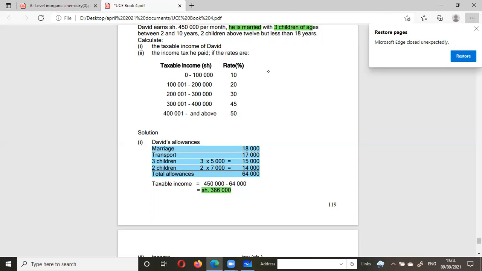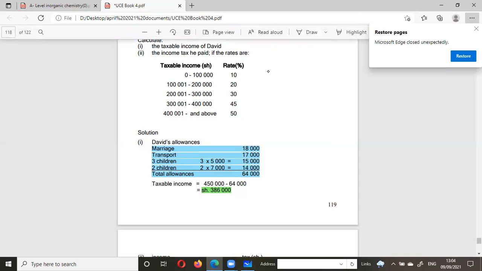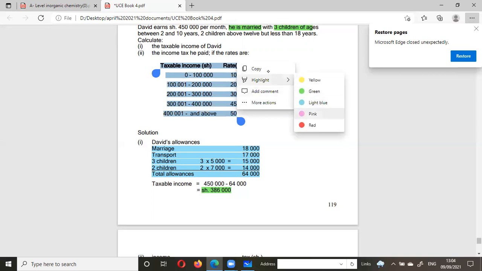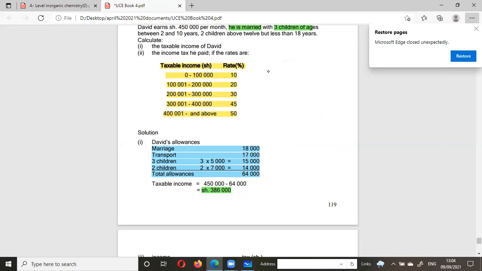Coming back to the statement about your taxable income, they're giving us the rates. Looking at the rates in yellow: 0 to 100, 10%.